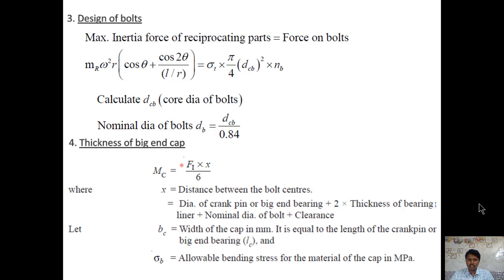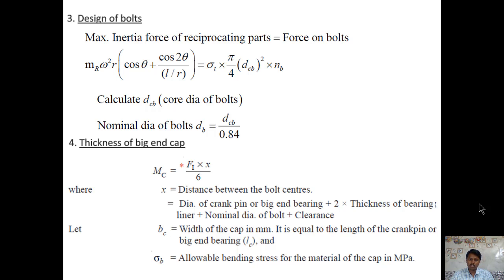When it comes to the design of bolts, how is the load acting on the bolt? In the cap, the load acting is the inertial force due to reciprocating parts. How do we calculate the inertial force? We calculate it as mass into acceleration. So, whatever force acts on the bolt is the inertial force, equal to mass into acceleration.